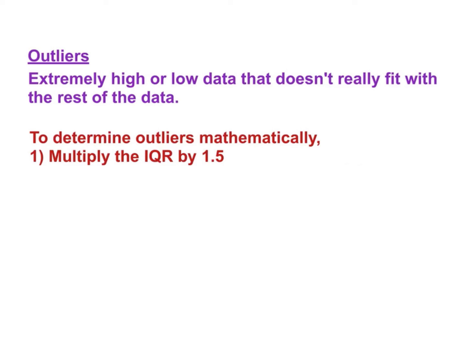So we create an upper boundary and a lower boundary. Anything higher than the upper boundary will be an outlier. Anything lower than the lower boundary will be a low outlier. If it doesn't fall outside of those boundaries, it is not an outlier. So it might not seem to fit, but mathematically it's okay.